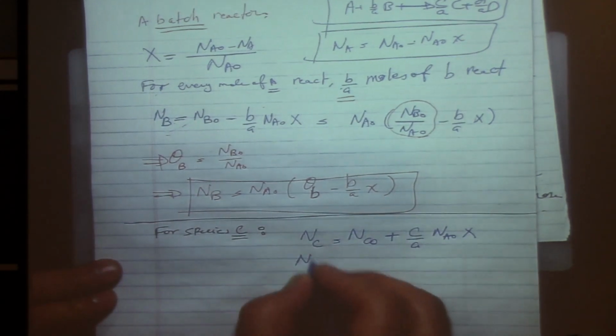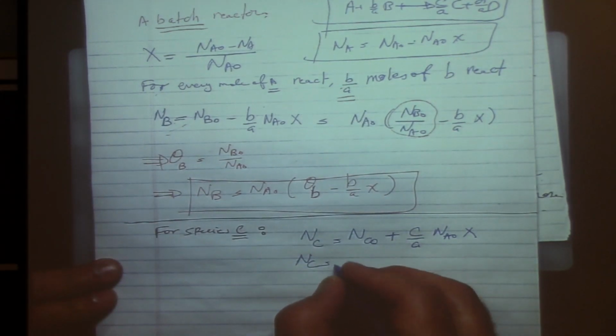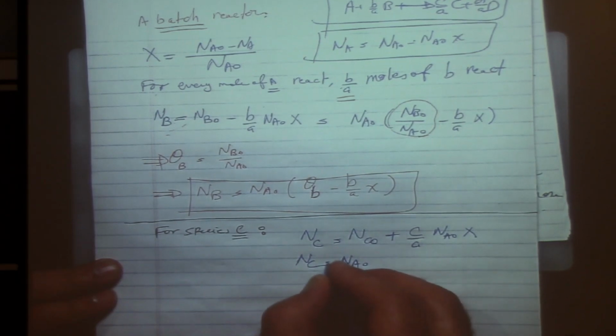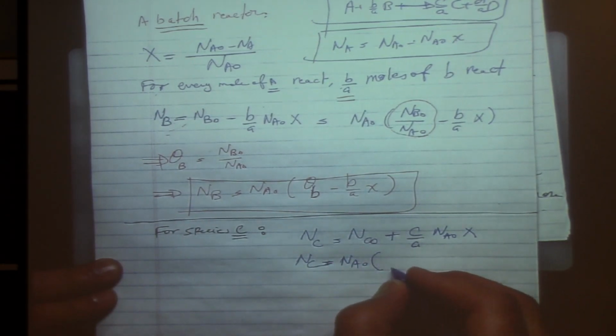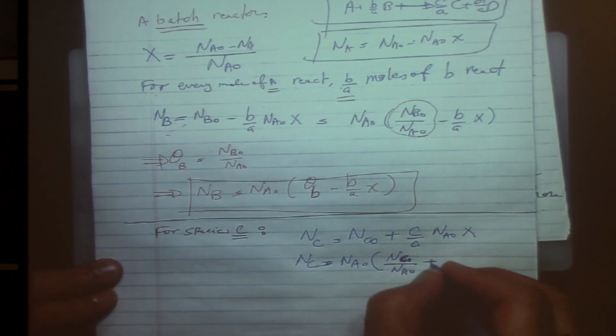If you factor out the NA0, NC would be NA0 times NC0 divided by NA0 plus c/a X.